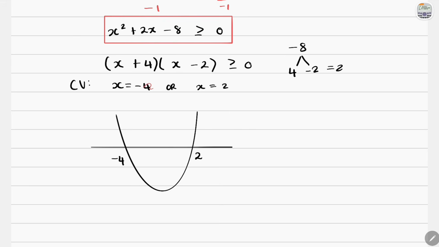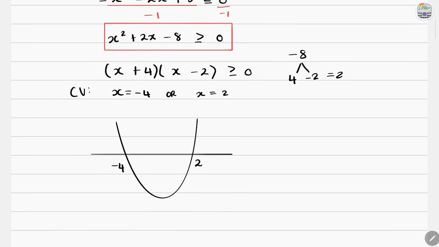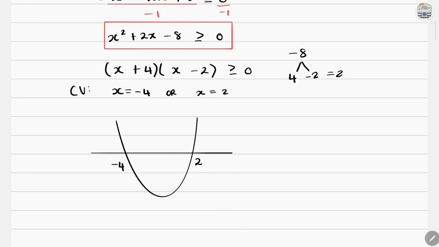You see, if you take negative 4 and positive 2, and you substitute them into this equation, you will get a 0. We're trying to solve for this inequality, meaning find the values of x for which, when you substitute x values into this, the entire expression ends up being greater than or equal to 0. So we know that negative 4 and 2 definitely will give us 0, okay, if you substitute negative 4 or if you substitute 2.